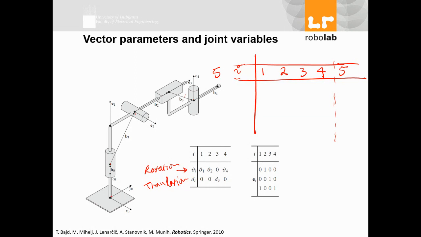If I want to go from here to here, what should I do? I should move B0 in the direction of X, Y, or Z. From here to here, I should move B0 in the direction of Z, right?